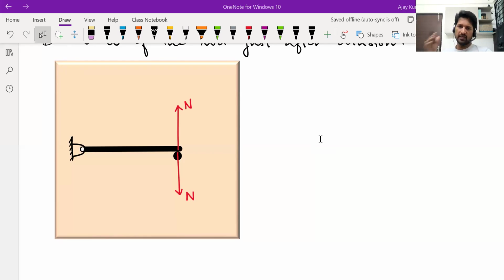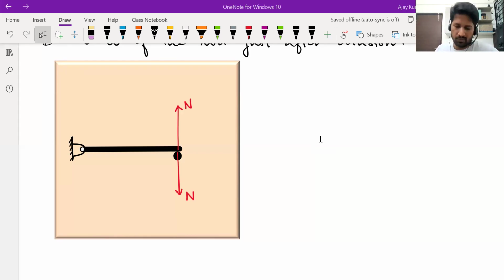Into the screen. Will they have any component in the plane of the screen, or will they have any component in the horizontal direction? They won't. Okay. Rod's weight and the particle's weight will both be acting perpendicular to the table. They won't have any component on the table.